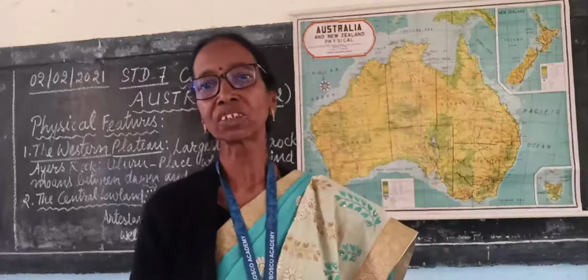Second is the Central Lowland. The Central Lowland lies between the Eastern Highland and the Western Plateau region. As it is very vast, it is subdivided into 3 important divisions. Northern part is known as the Artesian Basin.